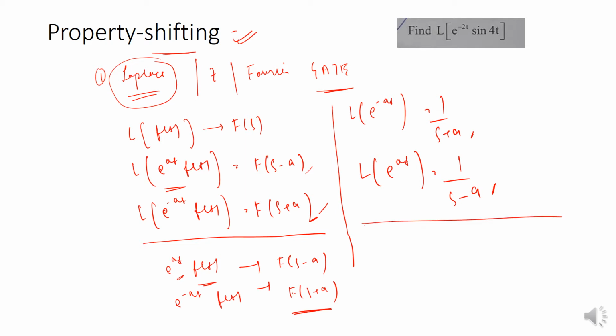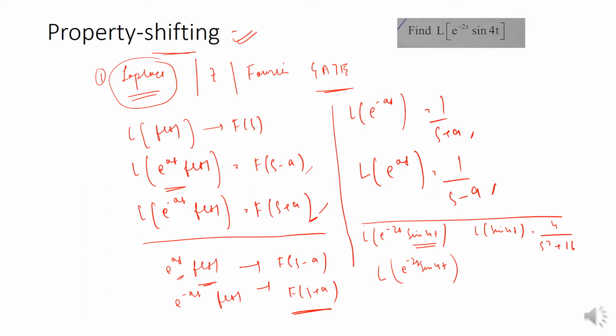Very simple. Laplace transform of e power minus 2t sine 4t. For this, Laplace transform of sine 4t is what? 4 by s square plus 16, correct? Now this sine 4t you are multiplying with e power minus 2t and you are asking what is the Laplace transform.